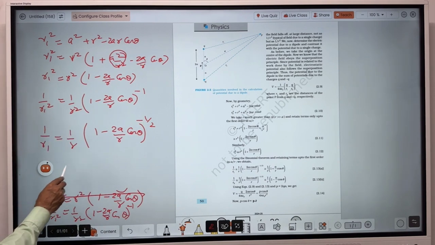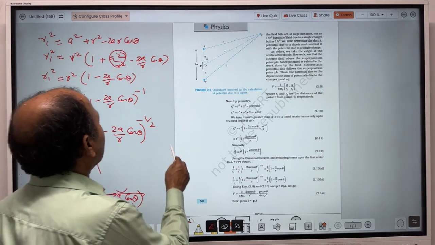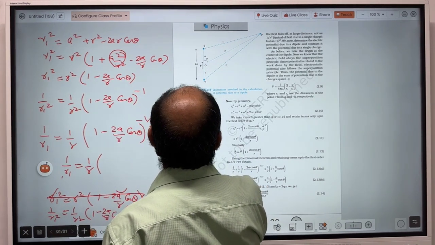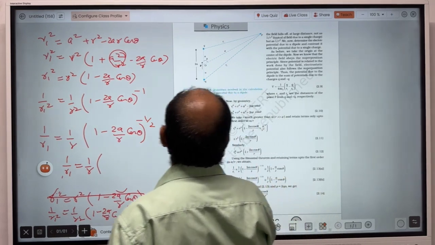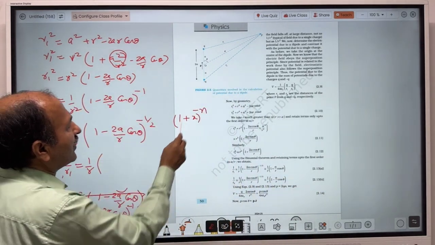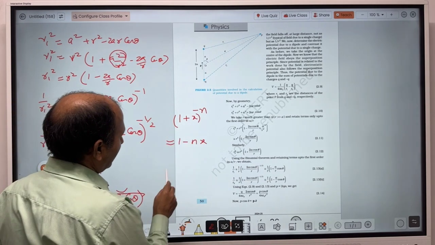Now what will happen? 1 upon r1 equal to 1 upon r times, do you know binomial theorem? Although I have not explained it to you, 1 plus x power minus n, suppose it is possible for plus n also, when x is less than 1. So here we write roughly equal to 1 minus nx.